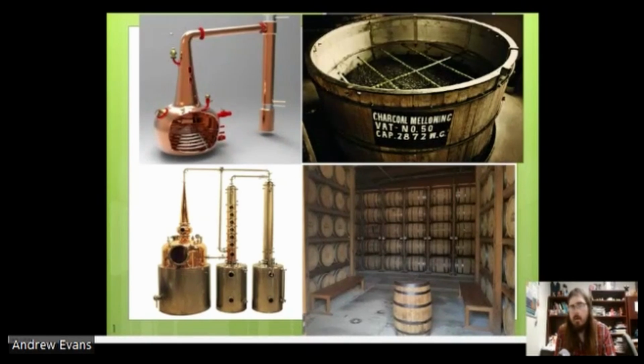Whether you use charcoal or some sort of filtration system to remove some of the negative flavors, that's also done. You can use barrels of various woods and varieties to then imbue and age them. This is a lot more chemistry than just simple biology like it is in beer.